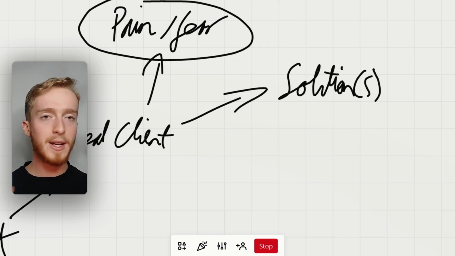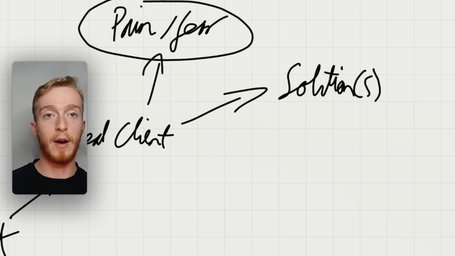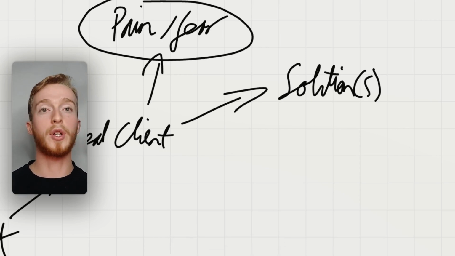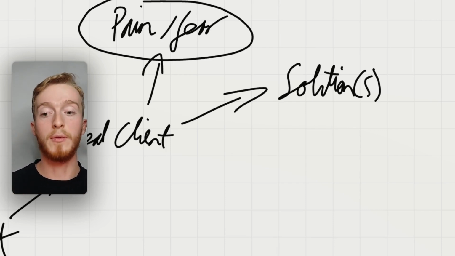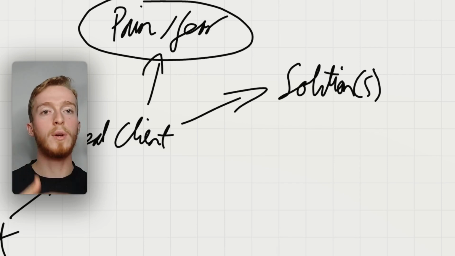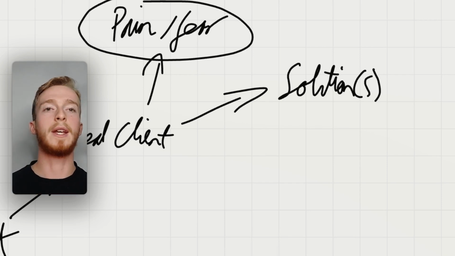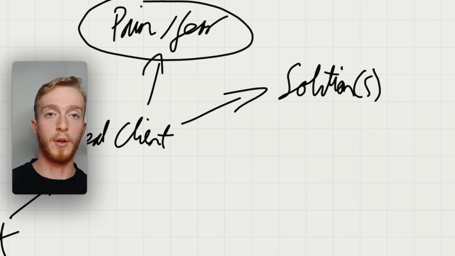Now, depending on the type of post you're making, this will vary. Let's say, for example, you're trying to really just promote your services a bit more. The solution might be to work with you. Now, if you're going to go more down that route, I would strongly, strongly advise you include proof with your content, right?